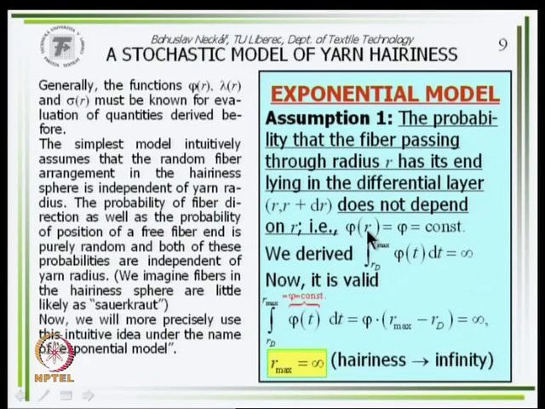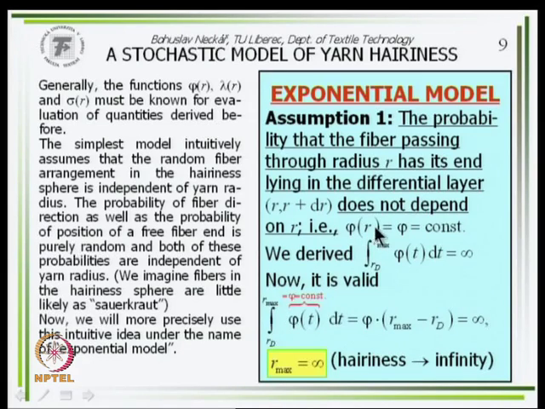Yes. So then our probability is independent of radius. Then the general function phi, based on this assumption, is constant.